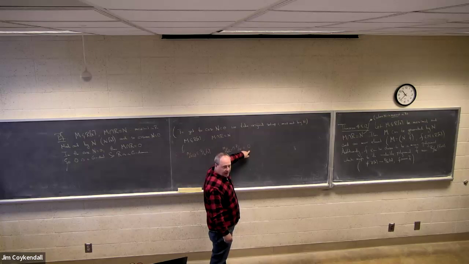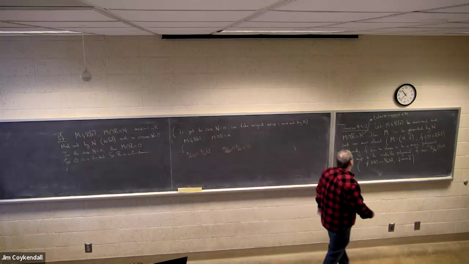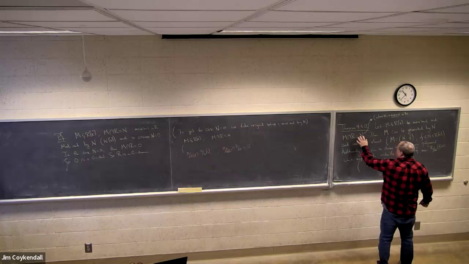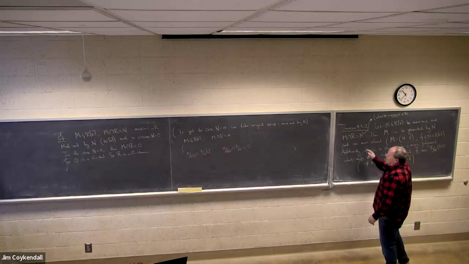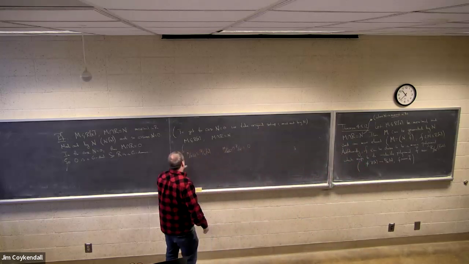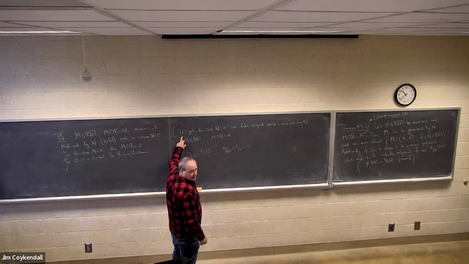You establish it right here and just pull it back. Because what we're eventually going to do is show that this thing can be generated by N and one more element. If I can generate this thing by N and one more element, you just pull it back and show that the original one can be as well.